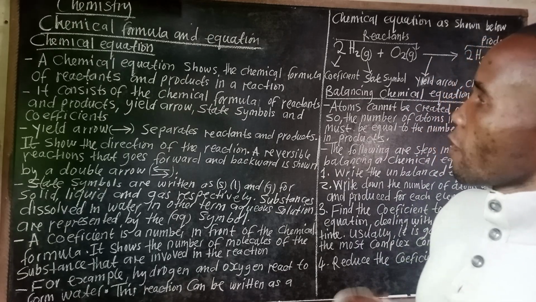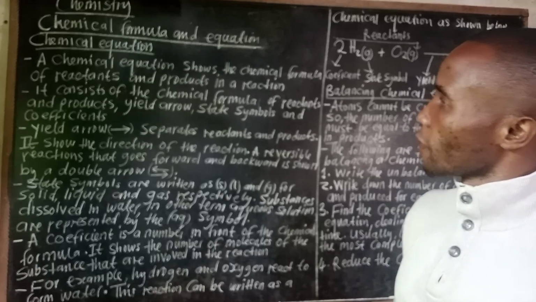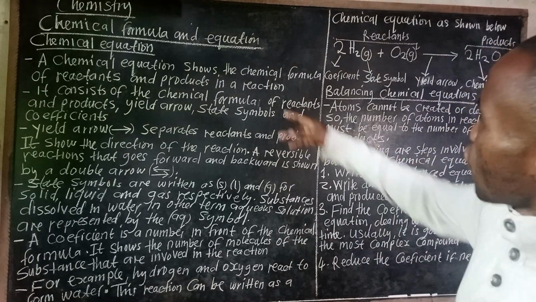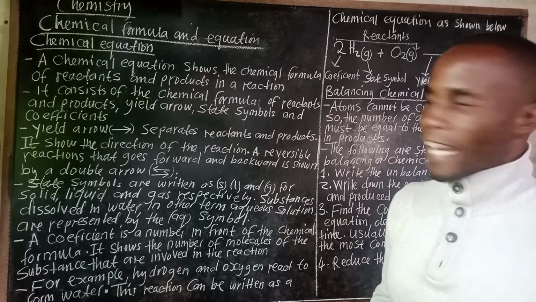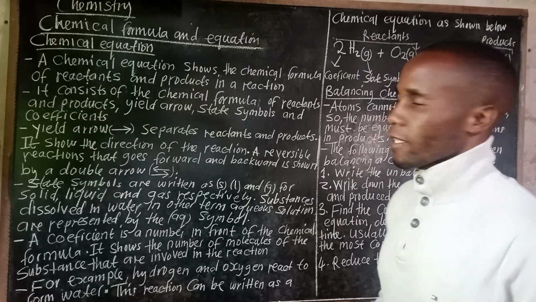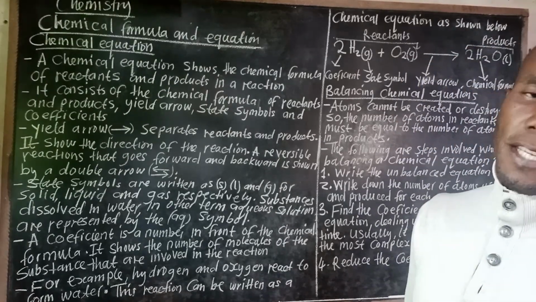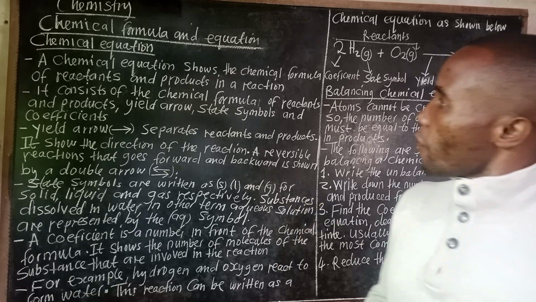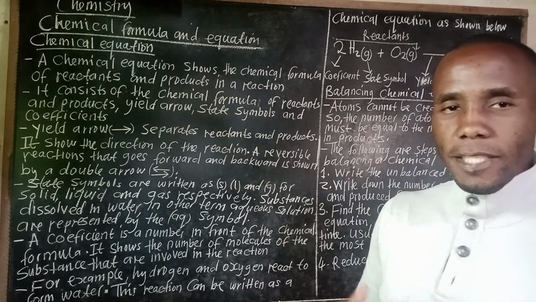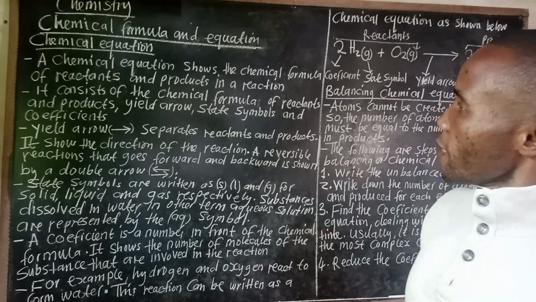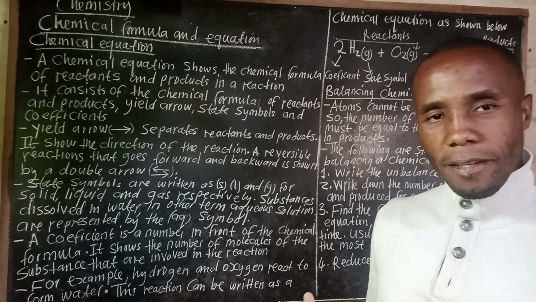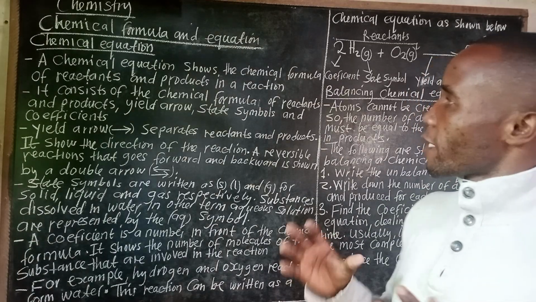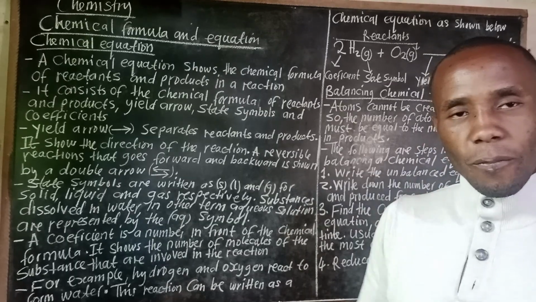Okay. So the first point: a chemical equation shows the chemical formula of reactants and products in a reaction. Now you must understand what a reactant is as well as the product. I'm trying to say that you should differentiate these two.